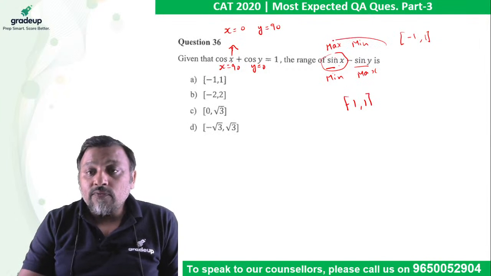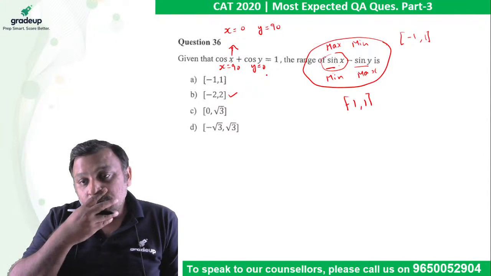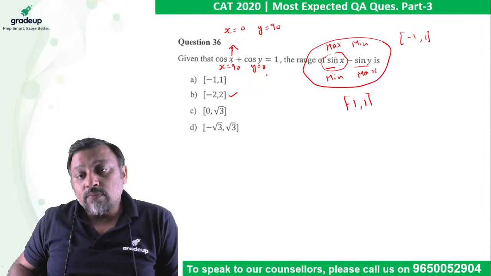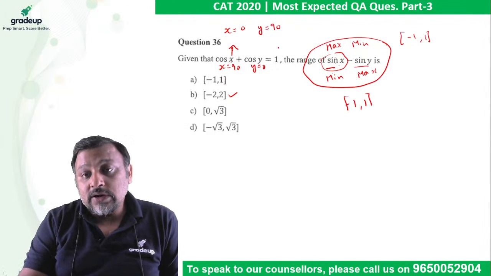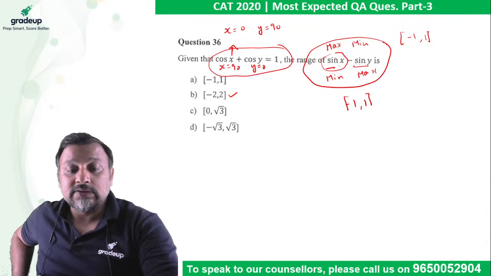I just cannot focus on this only, because if I focus on this only, I'll get minus 2 to 2. So you need to focus on both the things. This is the given equation, and we have to maximize and minimize this.